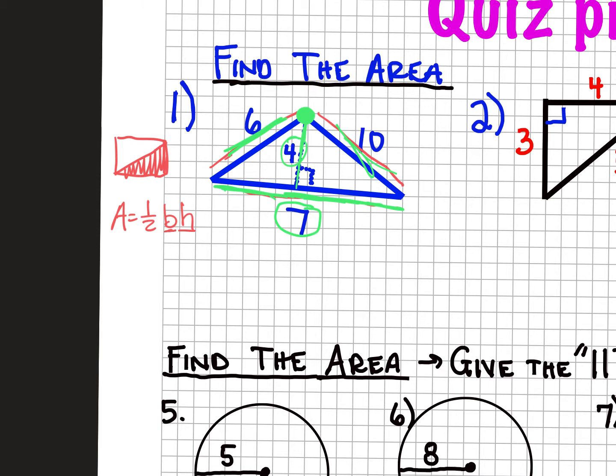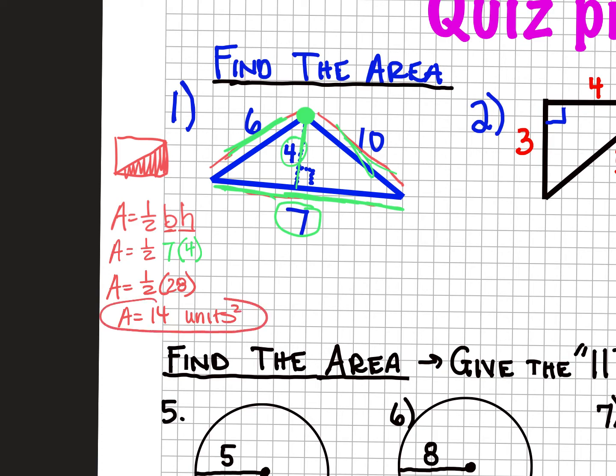But we have to multiply by 1/2 because triangles are always half rectangles. So the area is going to be 1/2 of 28. The area is going to be 14 units squared.